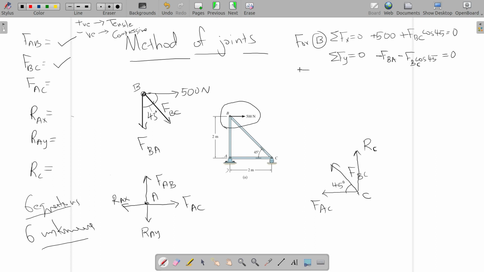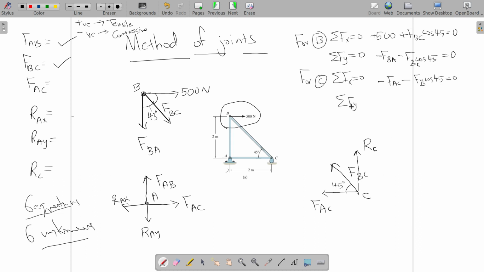So for C, net force in x direction should be 0. That means FAC is towards the left, so that's negative, and a component of FBC, cos 45, is also negative because it's towards the right.